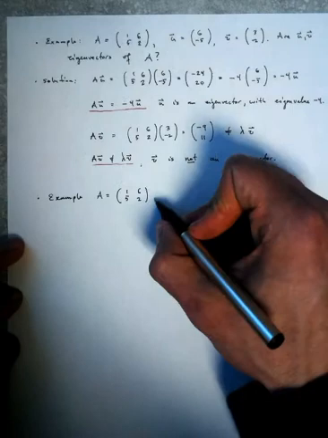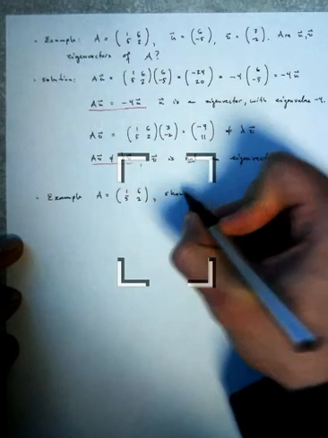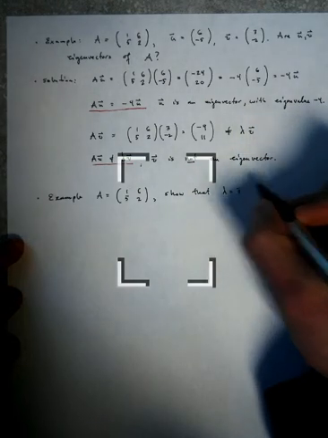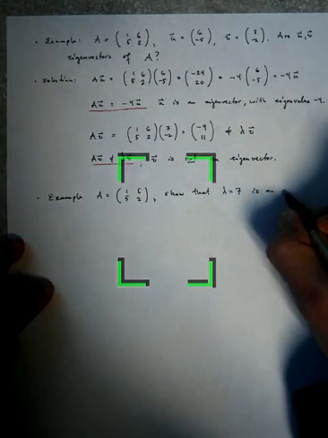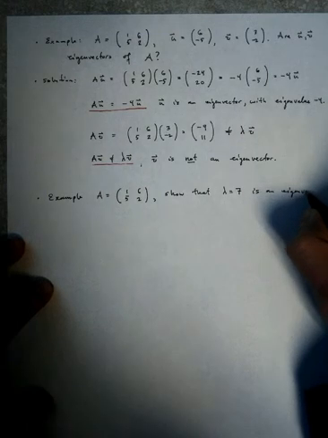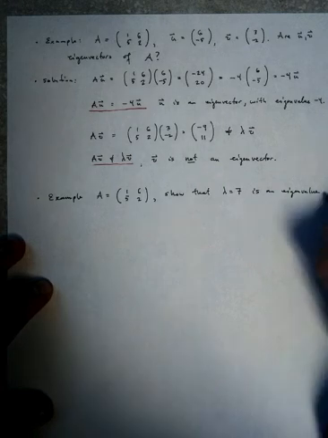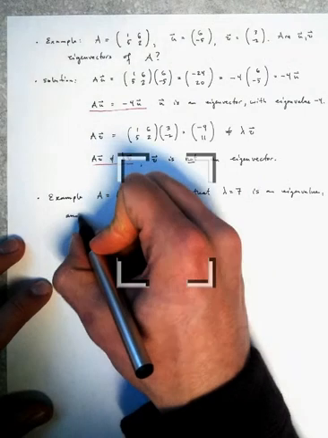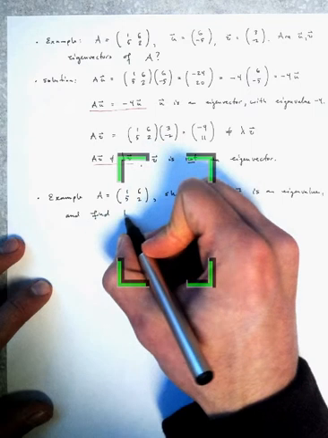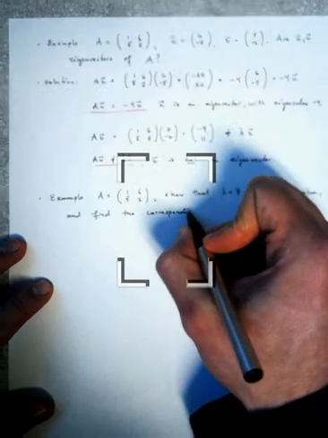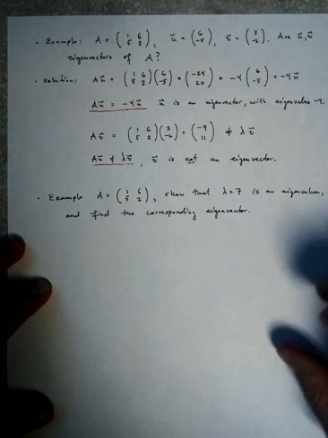And what I want to do is show that lambda equals 7 is an eigenvalue, and I want to find the corresponding eigenvector.